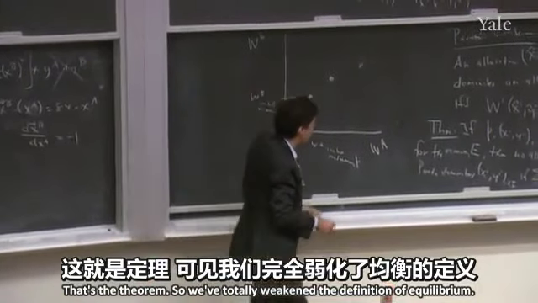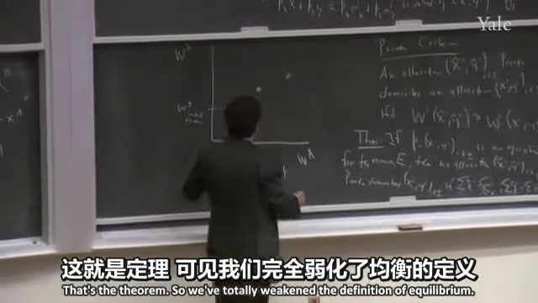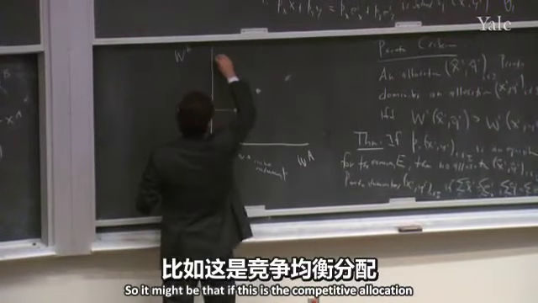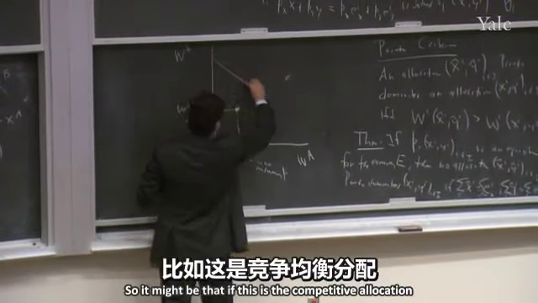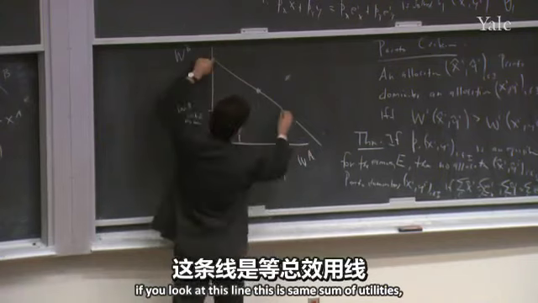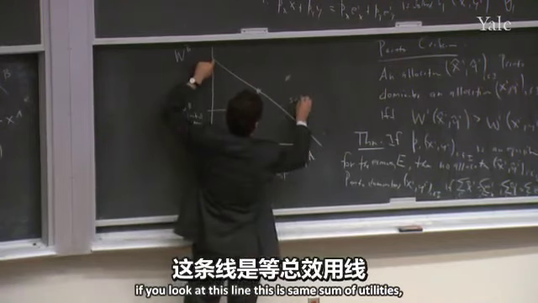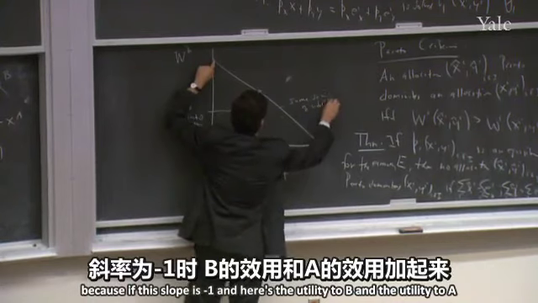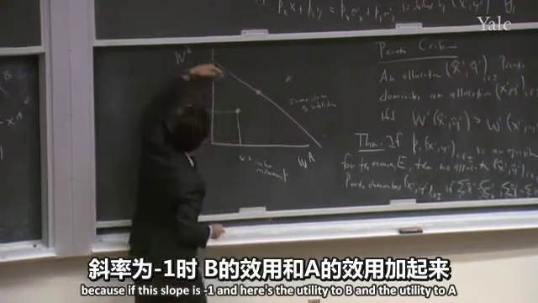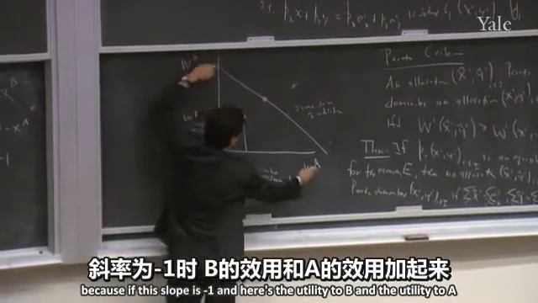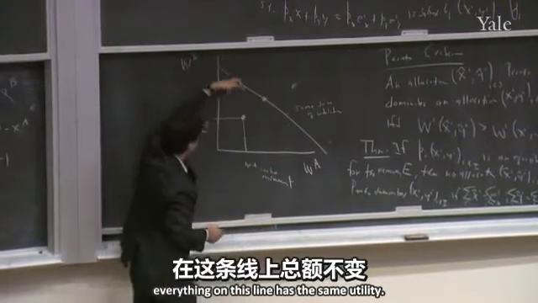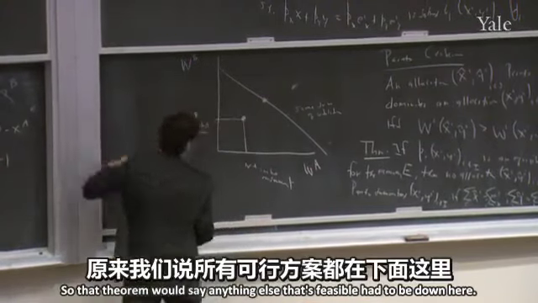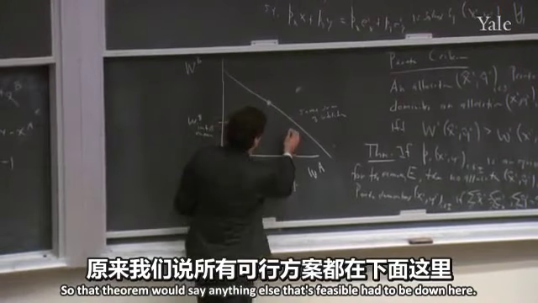So we've totally weakened the definition of equilibrium. So it might be that if this is the competitive allocation, if you look at this line, this is the same sum of utilities. Right? Because if this slope is -1 and here's the utility to B and the utility to A, everything on this line has the same utility. So that theorem would say anything else that's feasible had to be down here.